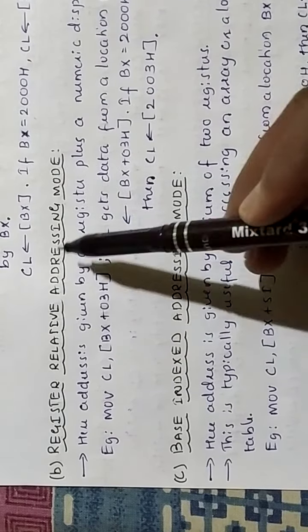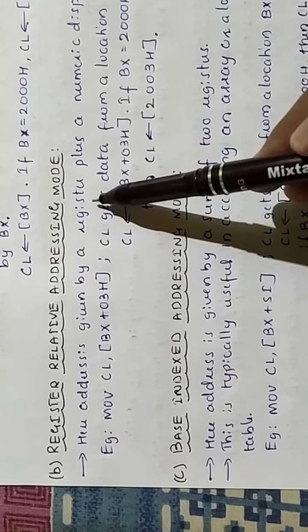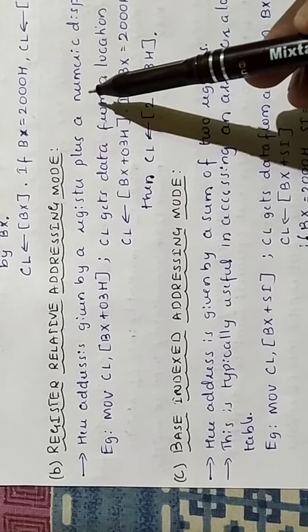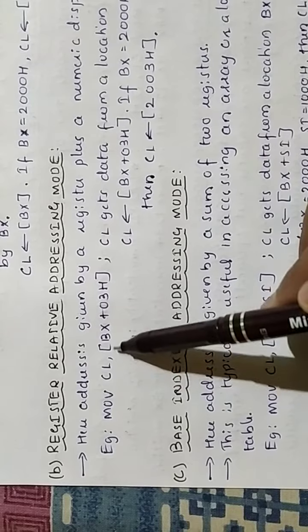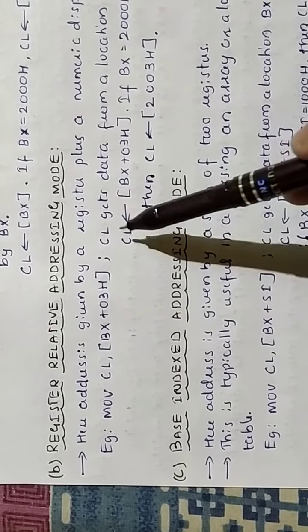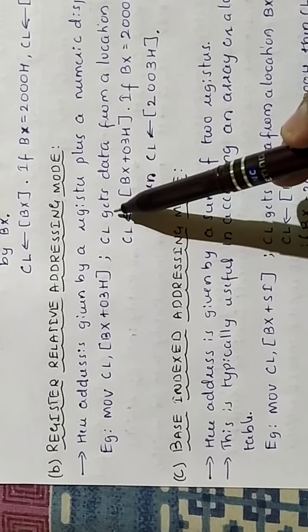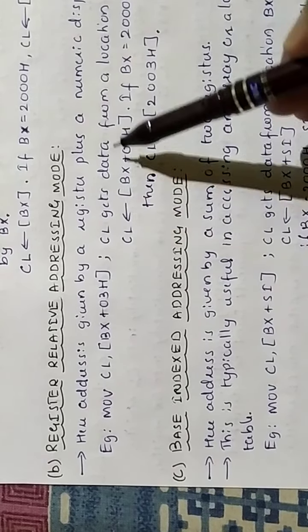The second one is register relative addressing mode. In this addressing mode, the address is given by a register plus a numeric displacement. For example, MOV CL, [BX+03H]. That means it is not only one register but also a numerical value; the sum of the register and the numerical value gives the memory location.